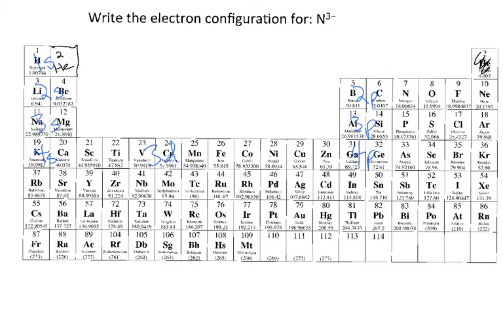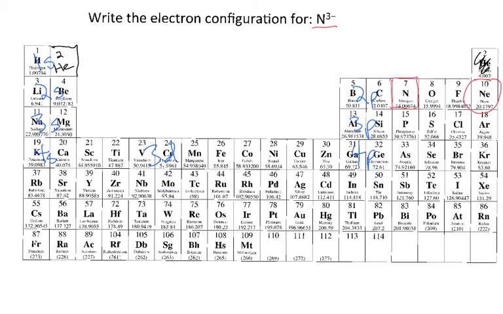and so on. So in this case, they're asking about nitrogen 3-, right? If nitrogen has a -3 charge, it has gained 3 more electrons than it had when it was neutral. So nitrogen is here, and if it gained 3 electrons, it's going to have the same number of electrons as neon.